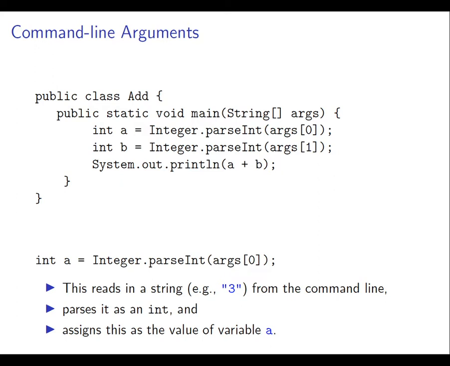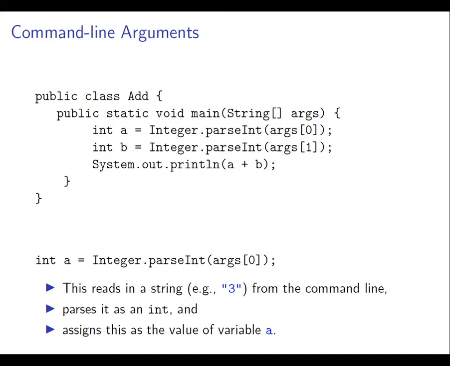Okay, so what do we have to do with this string array? The first line is an example of what we saw before. It's a statement which both declares a variable, in this case a, which is going to hold an int, and initializes it. It initializes it to the result of evaluating the rest of the line, in this case Integer.parseInt(args[0]).